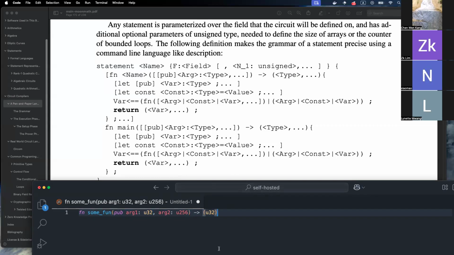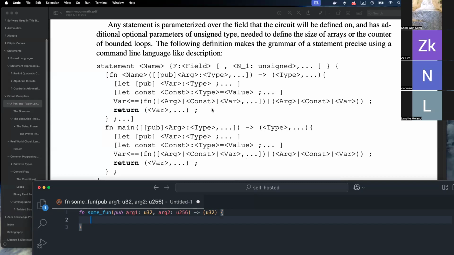So this just defines the syntax, like, yeah, we accept this syntax. And if you look at the curly bracket here, this curly bracket simply means within this function, you can have assignments.